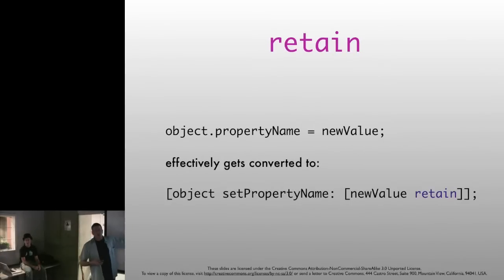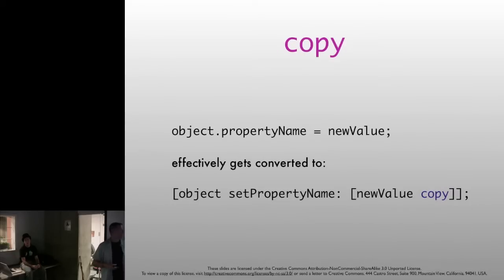Retain is the same idea. Object.property_name equals new value, and property name has the mode retain. It gets converted under the hood, effectively, to object setPropertyName with new value retain. It calls retain on this object, gets a reference to this object back, and sets it to the property name of this object.